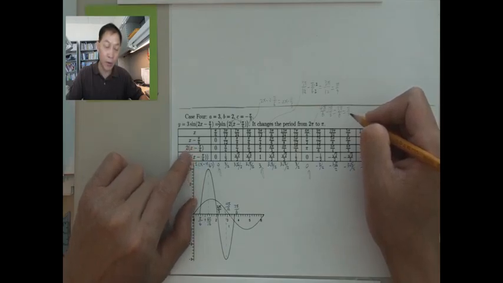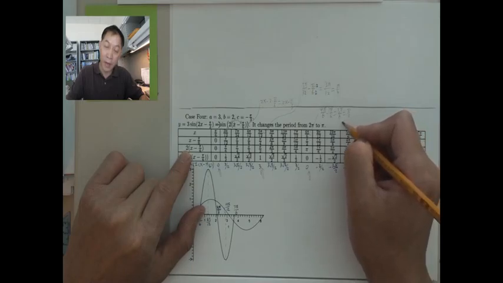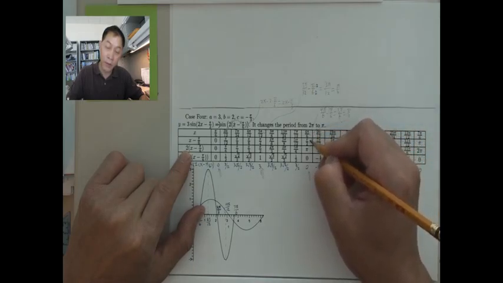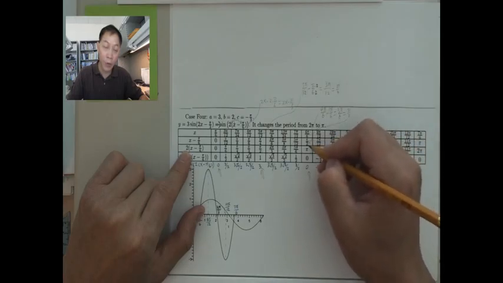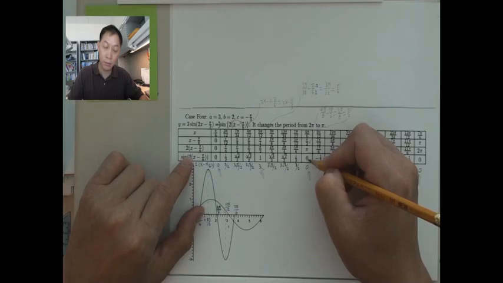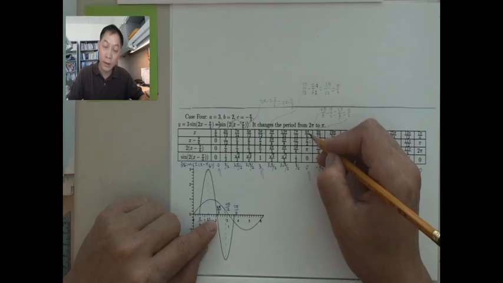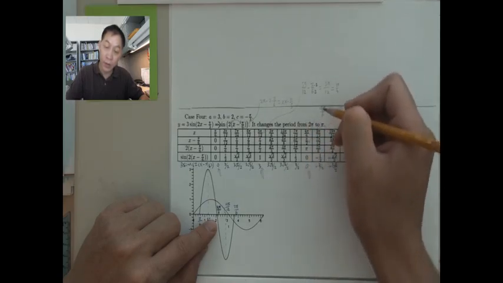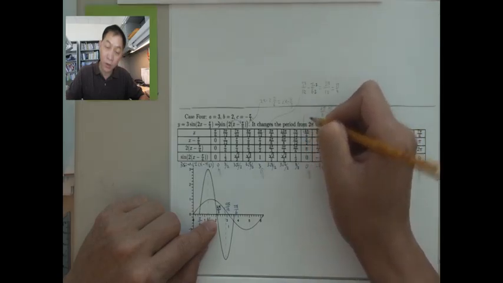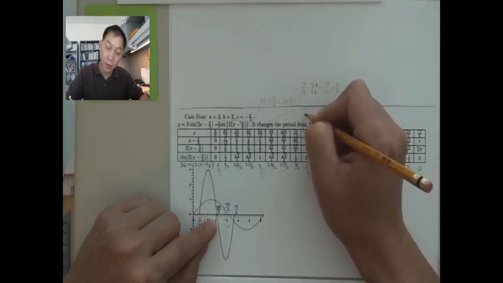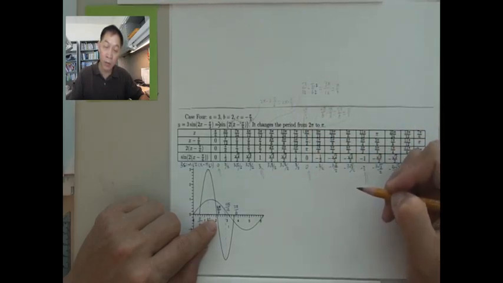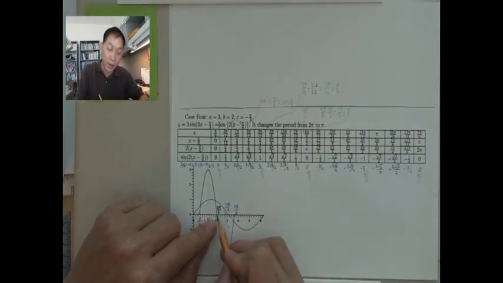Okay, and you have to times 2. So 2 pi is actually here. And then pi over 2 times 2 is pi, and sine pi is 0. Okay, so then we know 4 pi over 6 is 2 pi over 3, because you can cancel 2. 2 pi over 3 is right here.